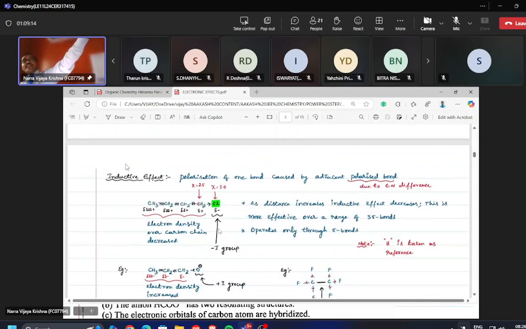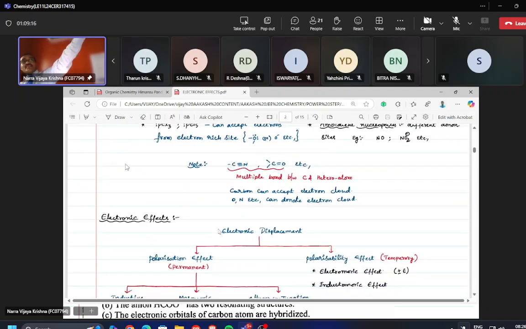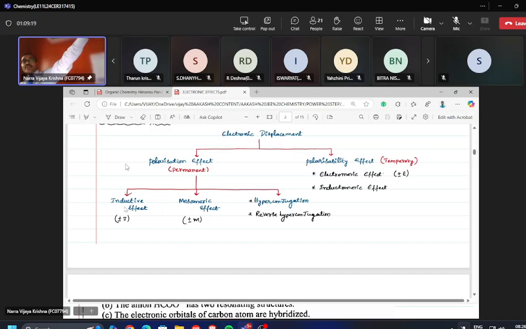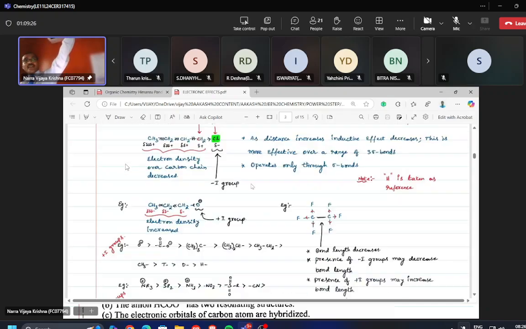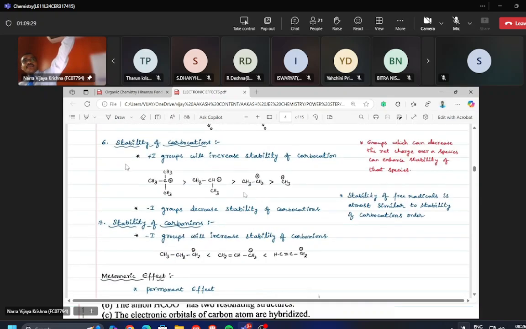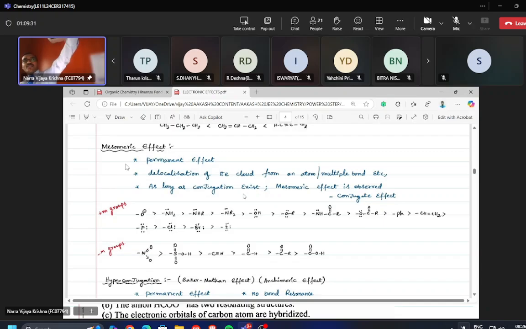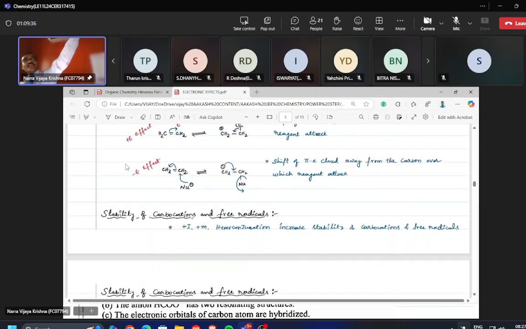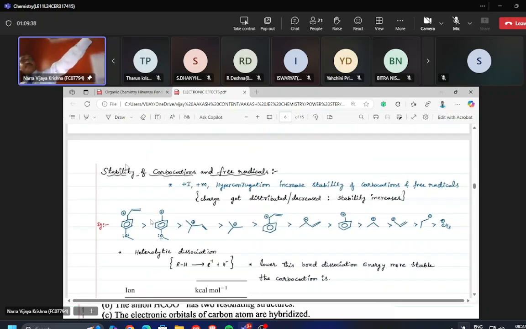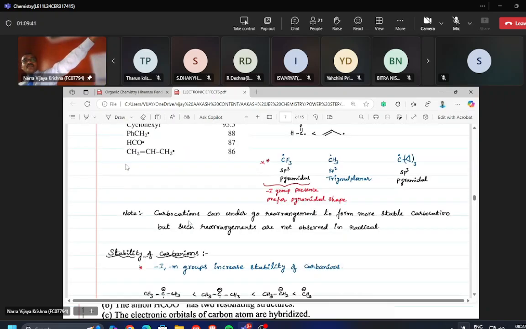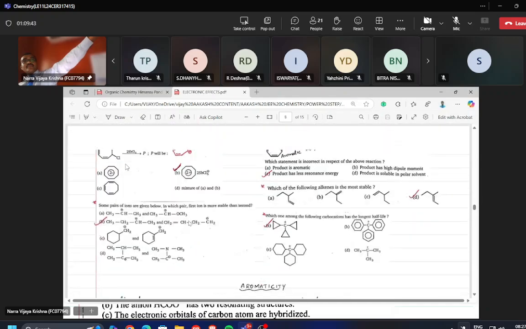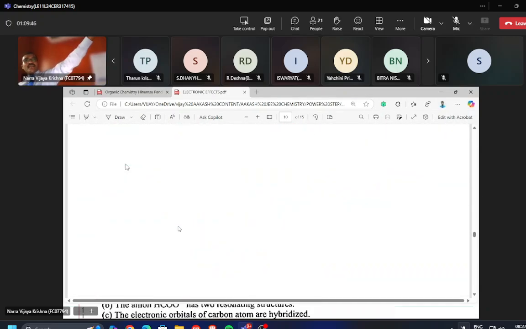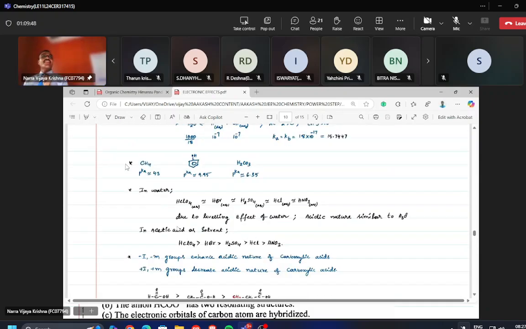Here we discussed all types of electronic effects: plus I, minus I, plus M, minus M, hyperconjugation, reverse hyperconjugation, plus C, minus C, inductomeric. All this is done already, right? Now we are discussing the mesomeric effect; hyperconjugation is already done. Inductomeric effect, electromeric effect. Just now we discussed carbocation stability, aromaticity. Here, observe.